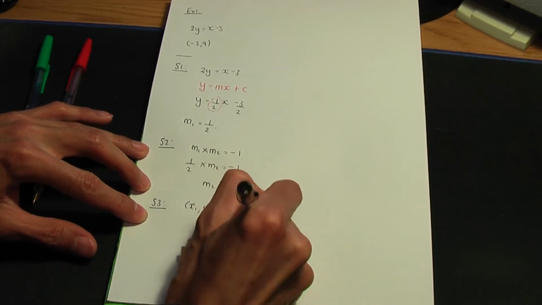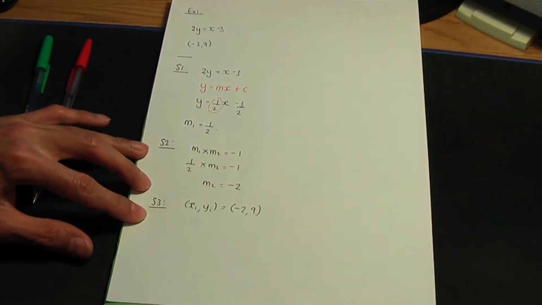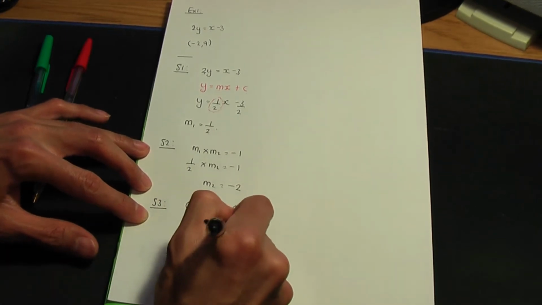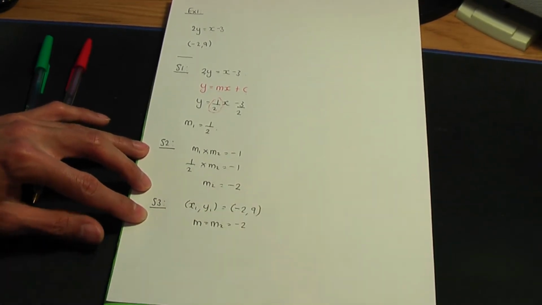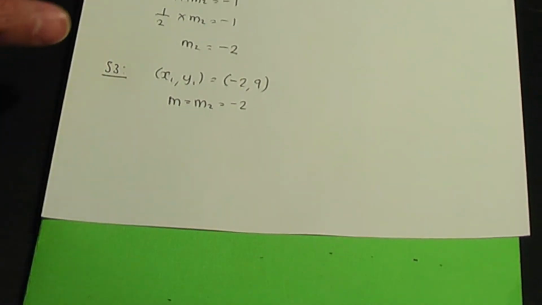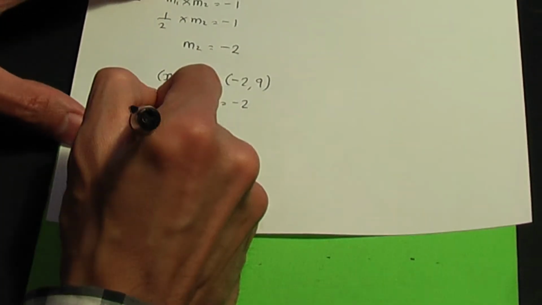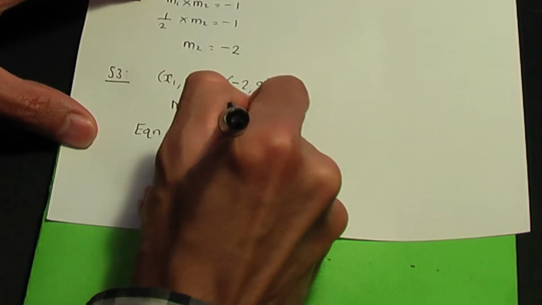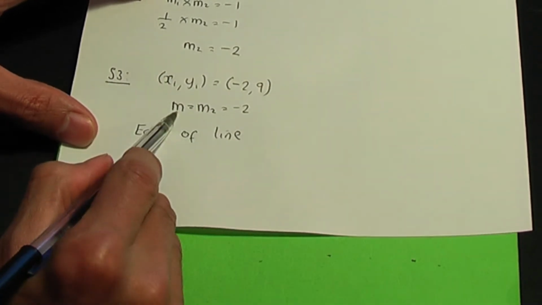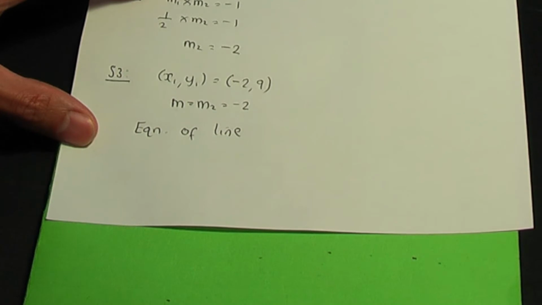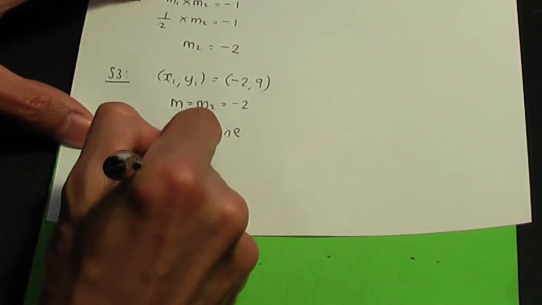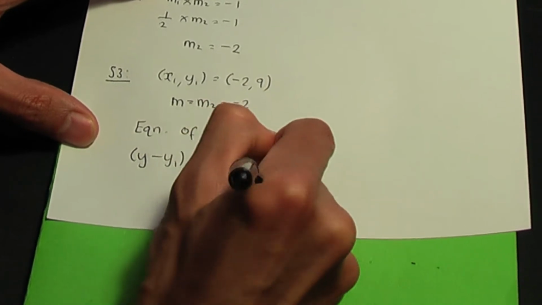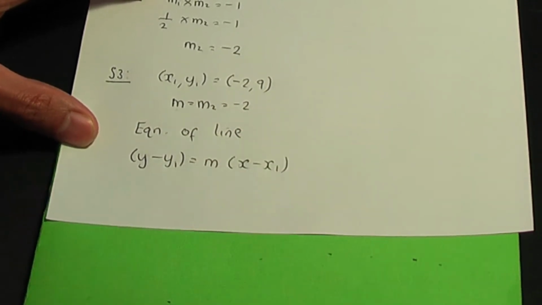The gradient of the line that we're going to calculate, m, is the value of m2, which is -2. If you watch the previous video, remember there's a formula to work out the equation of the line given m and given the point where the line passes through, and the formula is y minus y1 equals m into x minus x1.